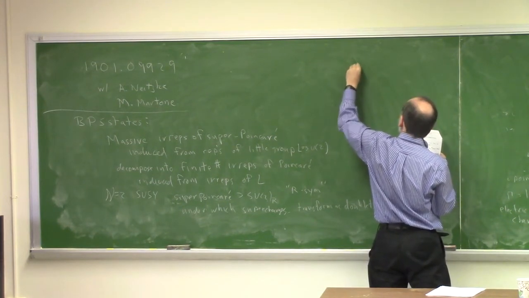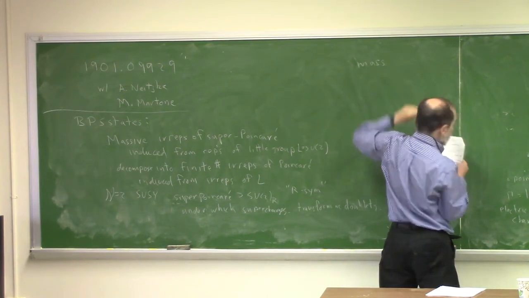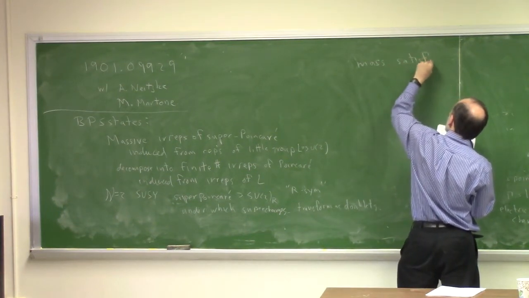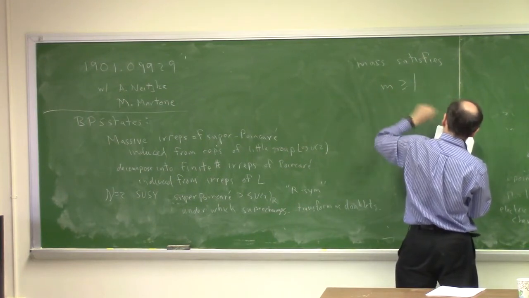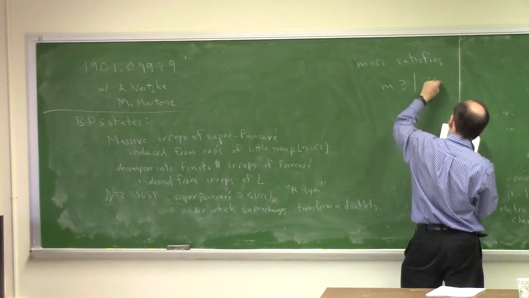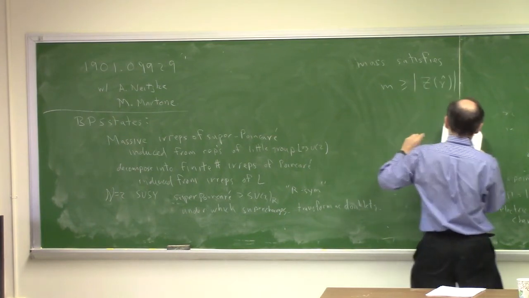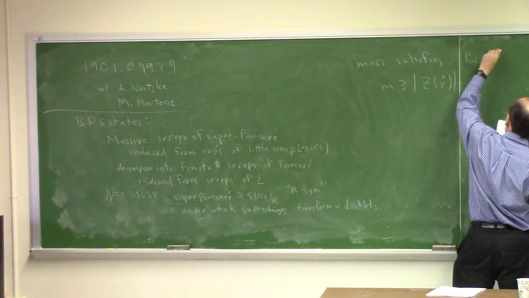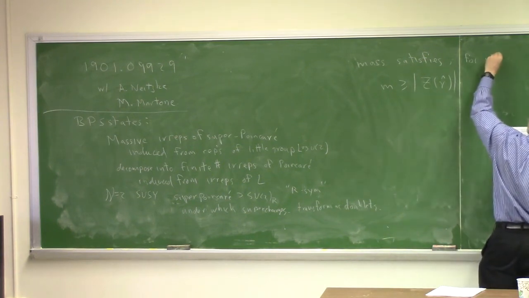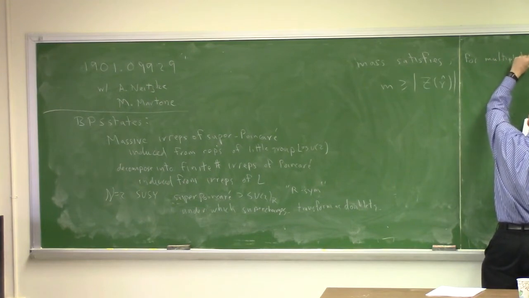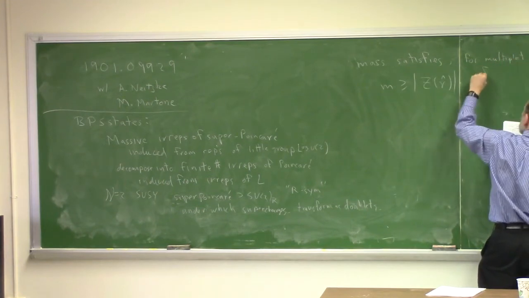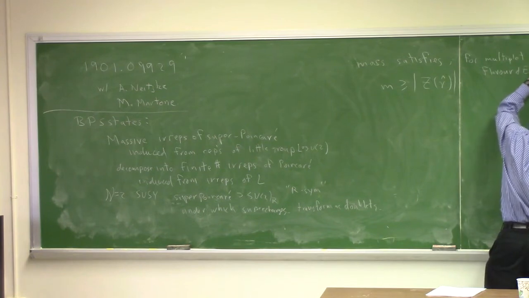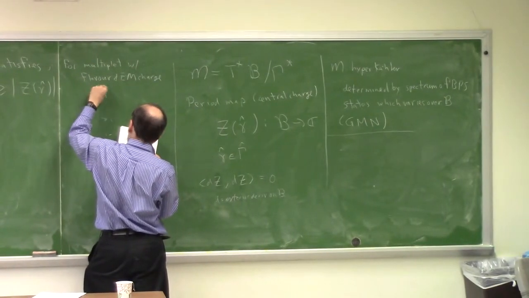But for any representation, the Casimir, the mass squared, satisfies an inequality: it's bounded below by this central charge, for a multiplet, I mean a representation of super Poincare with flavor and electromagnetic charge gamma hat.